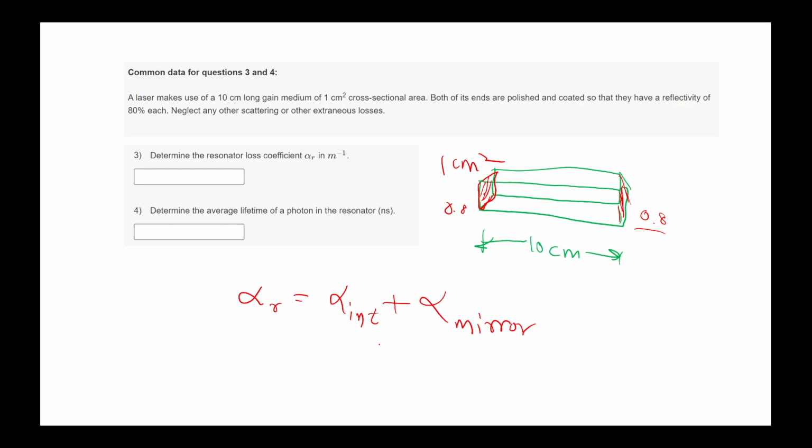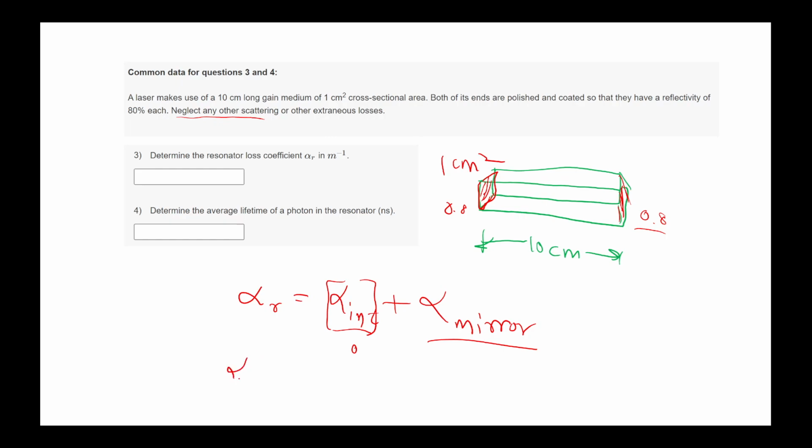As given here, neglect any other scattering. It means internal scattering is not there, so this term we can take as 0. Only the mirror loss coefficient remains. How can you determine this?